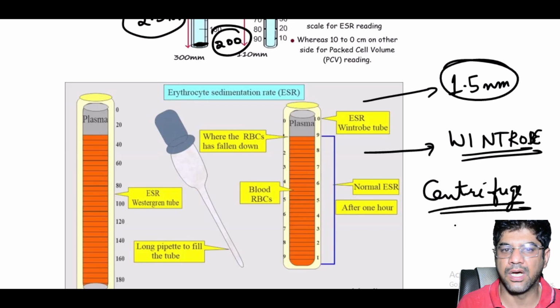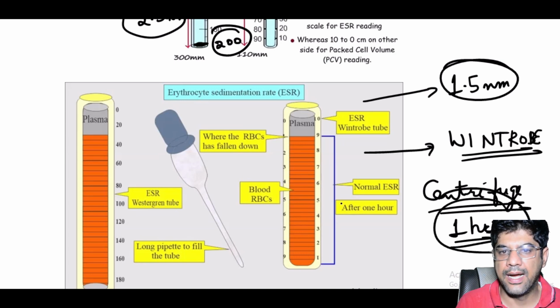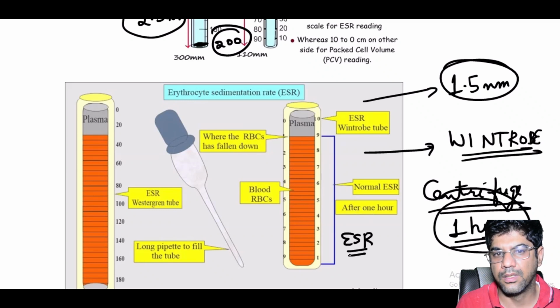So after centrifugation, the height of the red blood cell column and the total height of the blood column are measured. So the ESR is calculated as the ratio of the height of the red cell column to the total height of the blood column, expressed as a percentage.